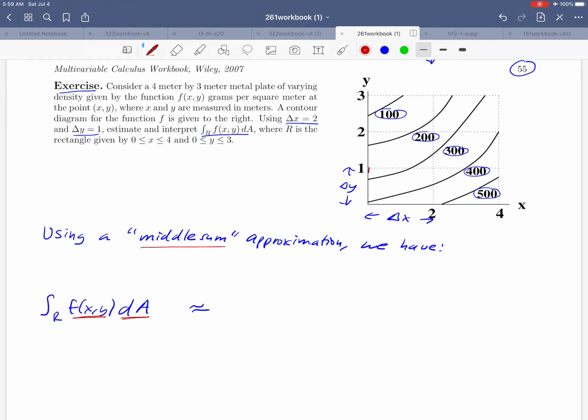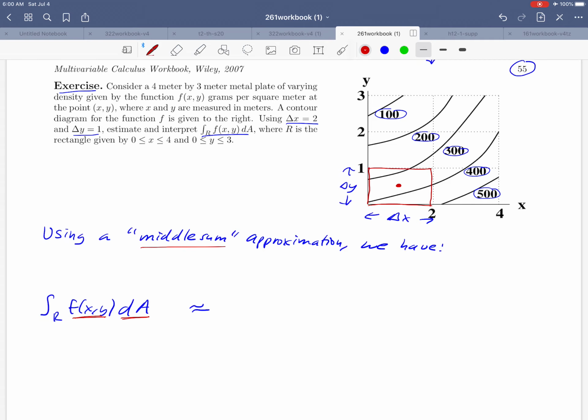Well, we'll start by grabbing one of the subrectangles, the one in the lower left-hand corner, and I'm going to do my best to draw the middle point of that rectangle. What would you estimate the density of the rectangle to be at that center point?